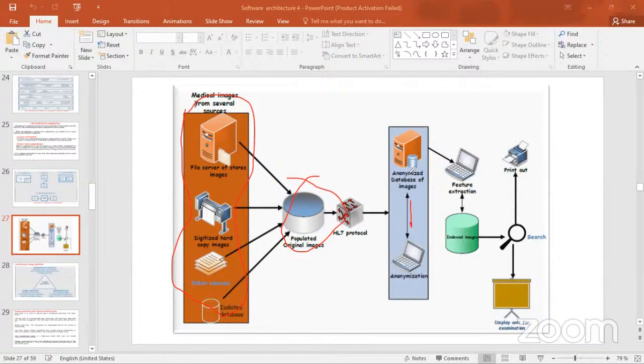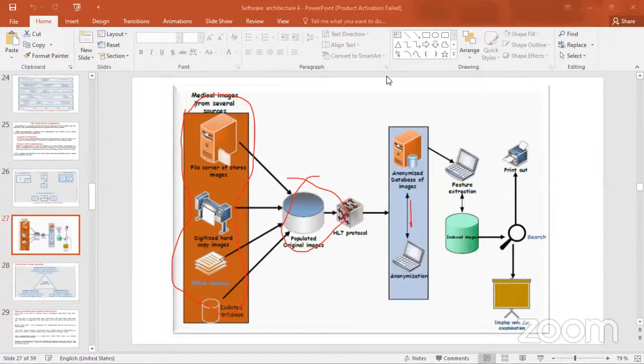This one can call this, and this also can call this. Then this is a directional relationship. You extract features from this anonymized image, then you do indexing of the image. Then this is a search algorithm here, then a printout, or you can use it to teach young radiologists, right?